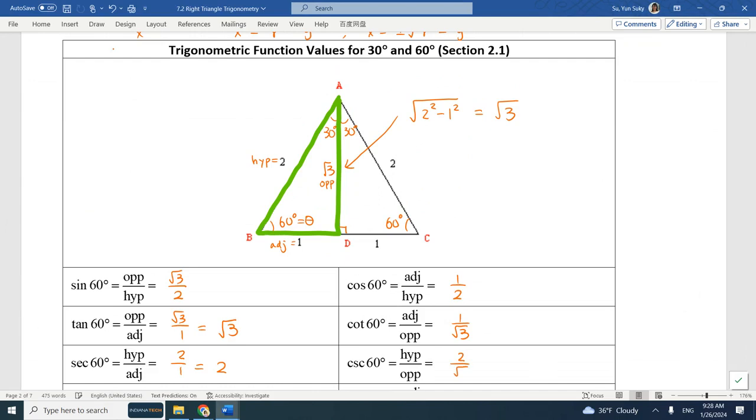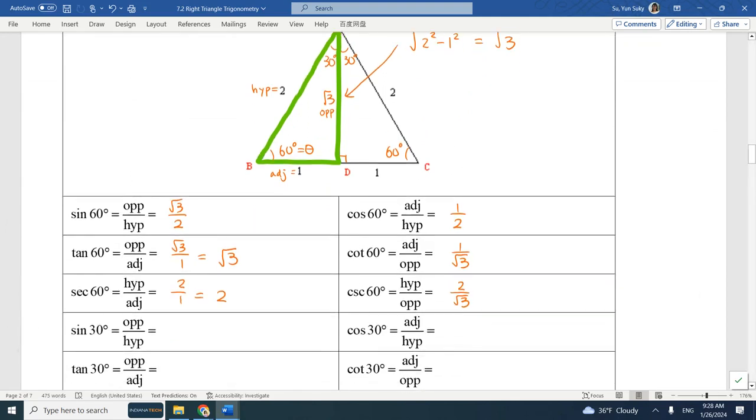Yeah, 2 over square root of 3. Very good. And you can just leave it like that. You don't have to rationalize your denominator. So now we get the special angle values, the 60 degree for all the 6 trig functions. Any questions about this? All good?